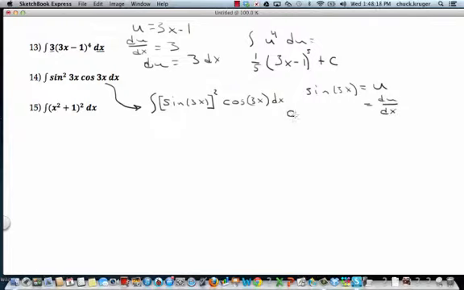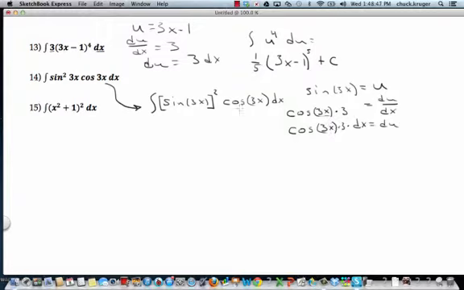I'm going to have the cosine of 3x. Notice that's right here. Times 3 equals du dx, because I got to take the derivative inside these parentheses. That means the cosine of 3x times 3 times dx is equal to du.